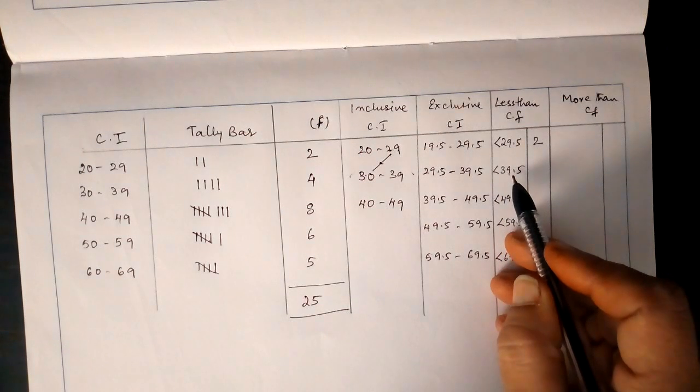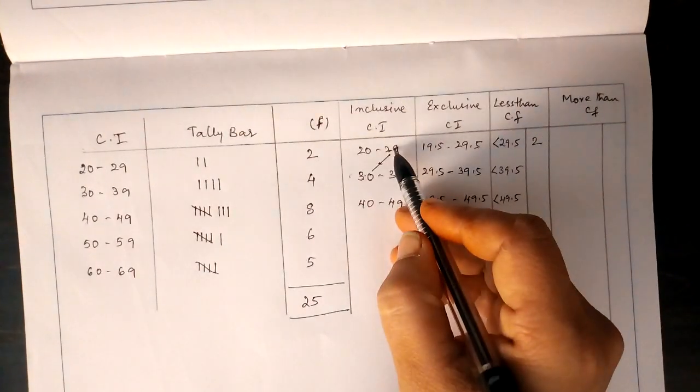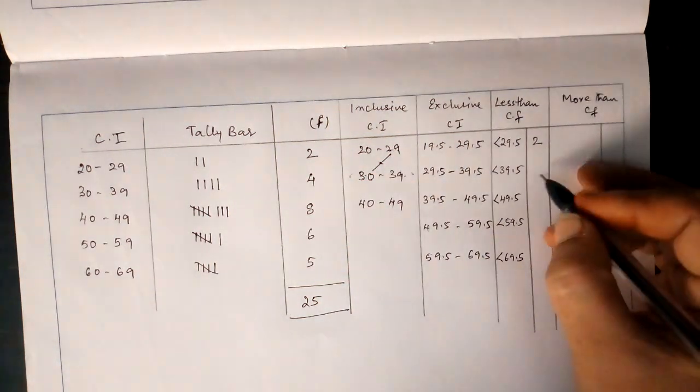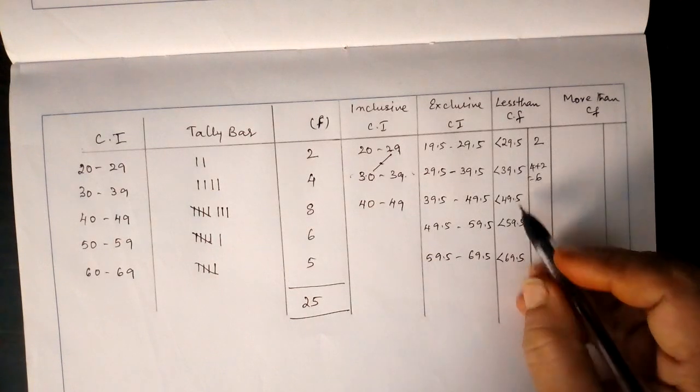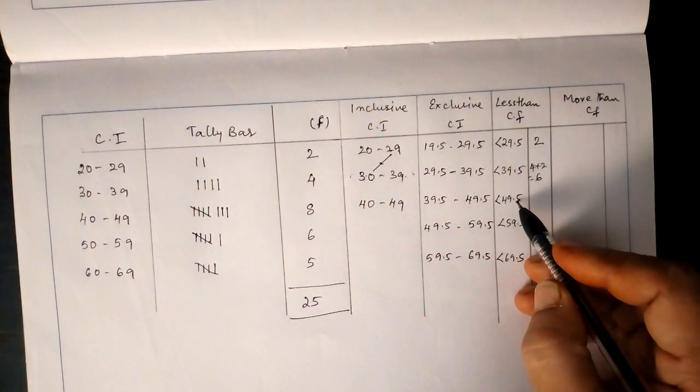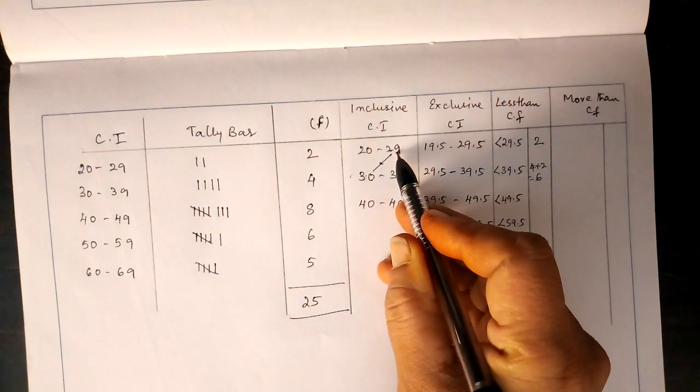Now less than 39.5. All values which are in this class interval plus these. So 4 plus 2 equal to 6. Here it will be the sum of all the values between these two and the others, the previous ones.